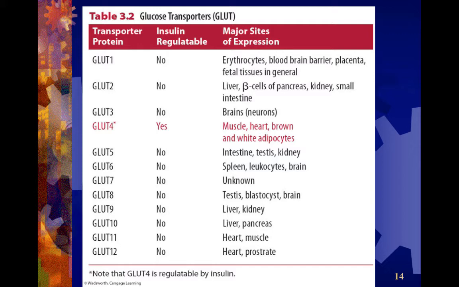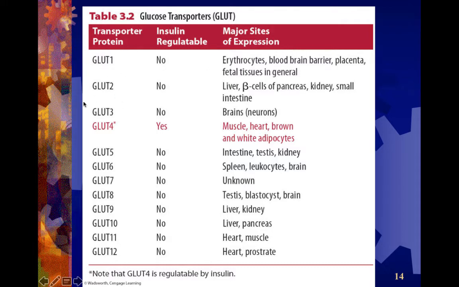So even though their sequences are similar enough to put them in the same family, they do have some distinct differences. And one of them is tissue specificity. So if you notice, for example, GLUT1 is expressed on red blood cells, the blood-brain barrier, the placenta, and fetal tissues in general. So GLUT1 is relatively widespread.